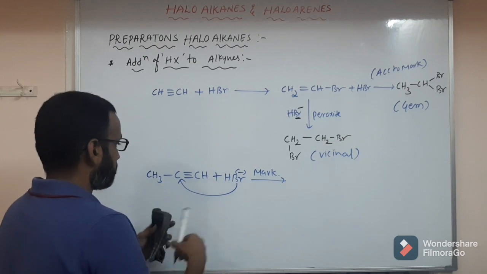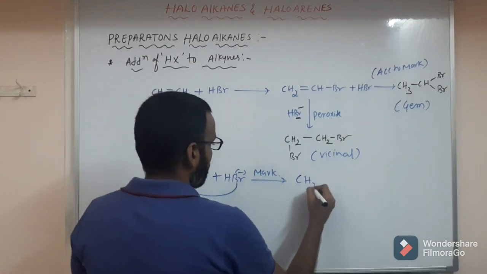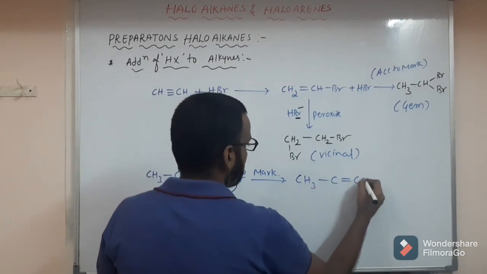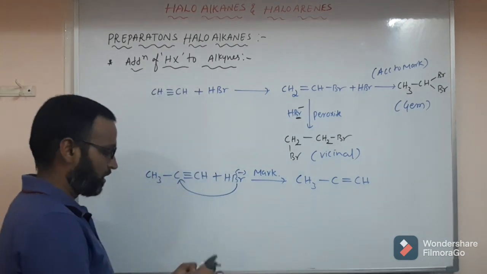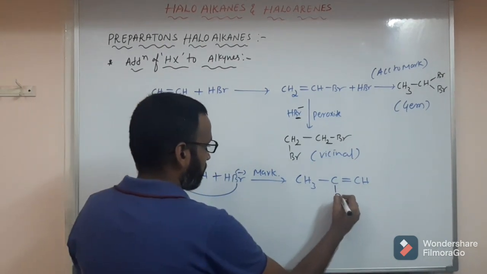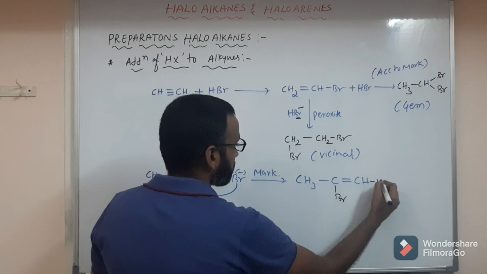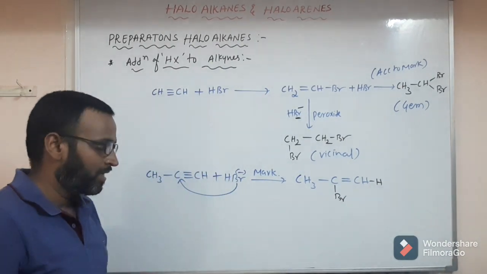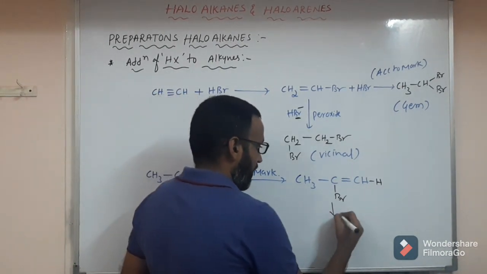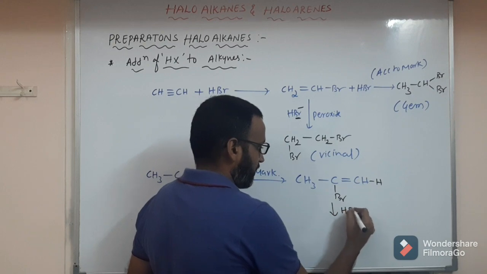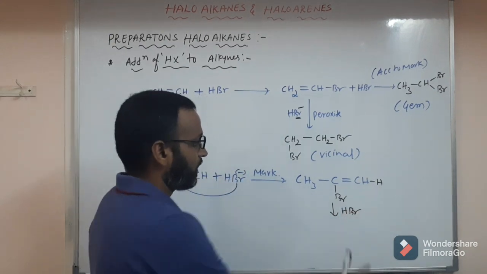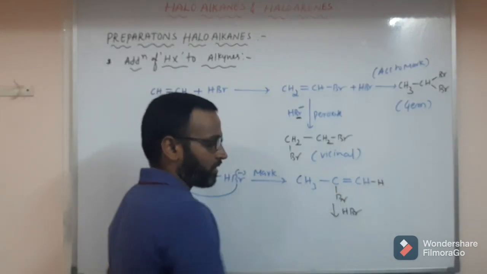So what is the product? You can write CH3 C double bond CH, with bromine here and hydrogen here first. Same, if I am using HBr and there is no peroxide, then Br here, H here.